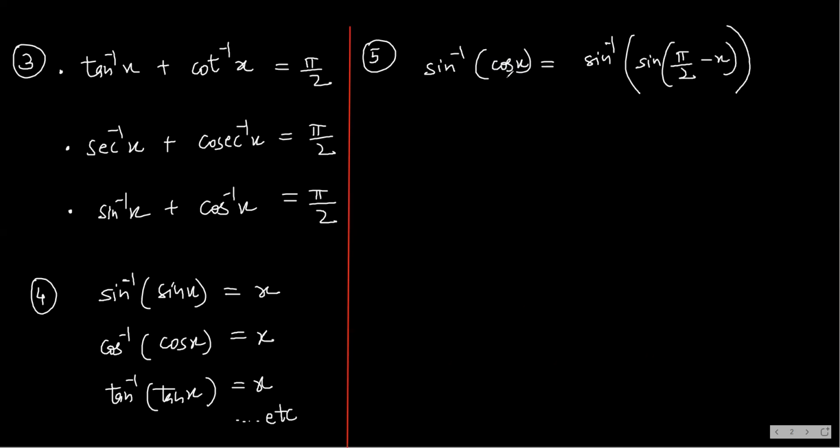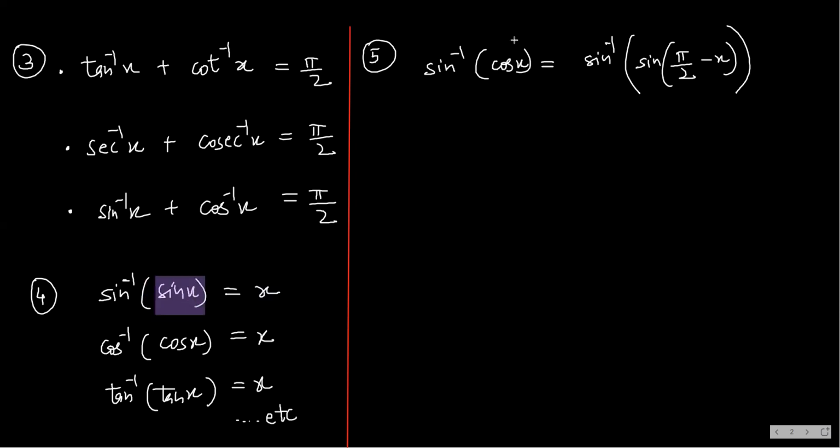How? Sine of pi by 2 minus x. What is cos x? Cos x is sine of pi by 2 minus x, right? So now I have sine inverse of sine of pi by 2 minus x, as I had sine inverse of sine x, which I wrote as x.